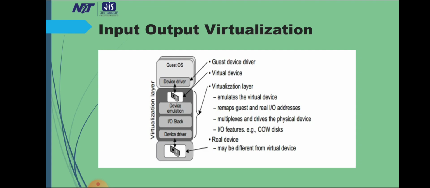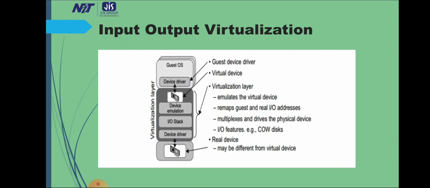Direct input-output virtualization lets the virtual machine access devices directly. It can achieve close to native performance without high CPU cost. However, current direct I/O virtualization implementations focus on networking for mainframes.